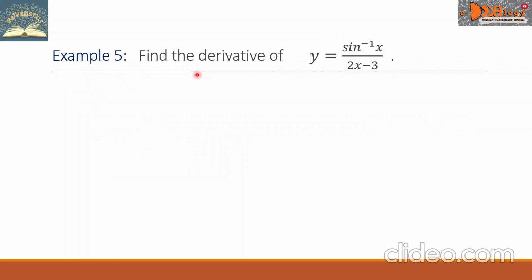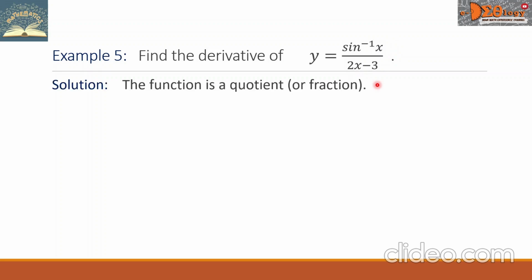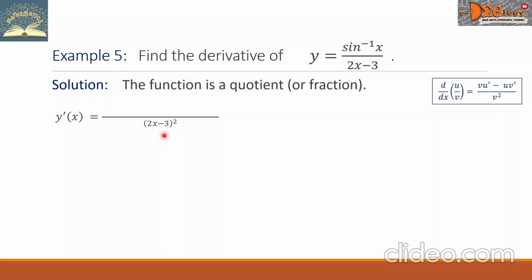Example 5. Find the derivative of y equals sine inverse x all over 2x minus 3. Note that the function is a quotient or fraction. Therefore, we are going to use the quotient rule. Let's start taking the derivative. First, we copy this 2x minus 3, we put as denominator with power 2.